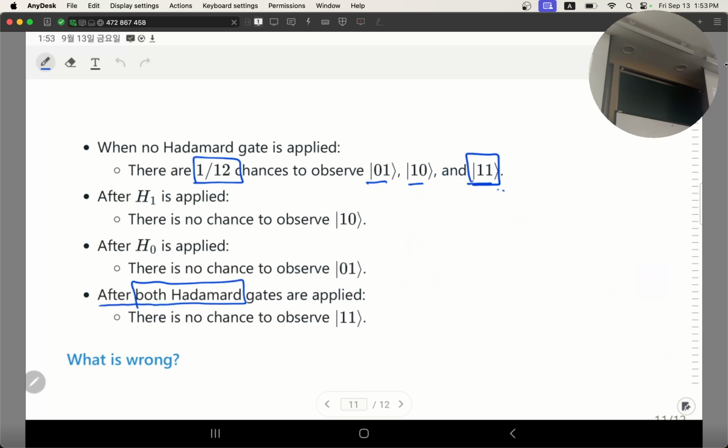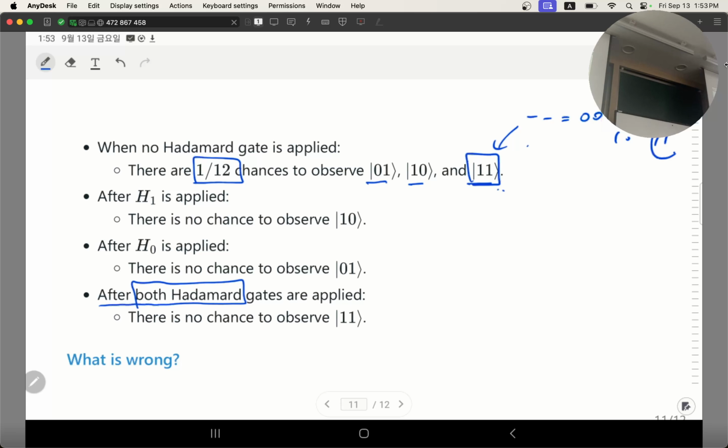But think about this with something similar to the hidden variable idea: if you had a chance to observe 1, 1, that means the quantum state has some portion that could turn out to be 1, 1. Then even if you take the Hadamard gate on both qubits, 1, 1 will turn out to be plus minus and minus minus, and minus minus is some superposed state of 0, 0, 0, 1, 1, 0, and 1, 1 with some coefficient.